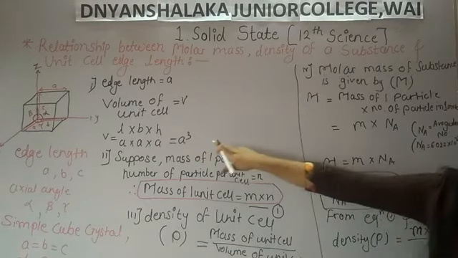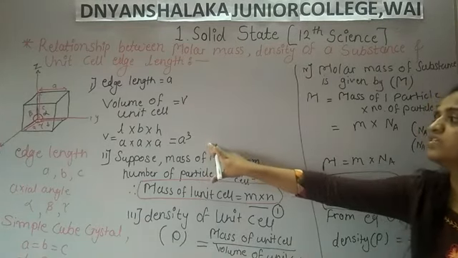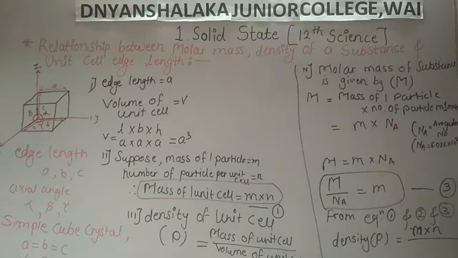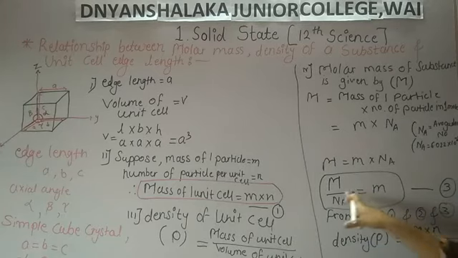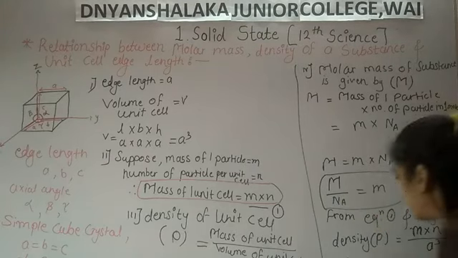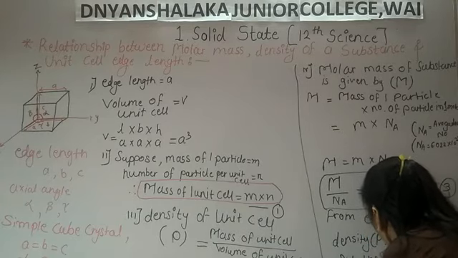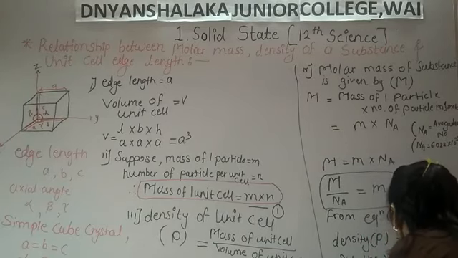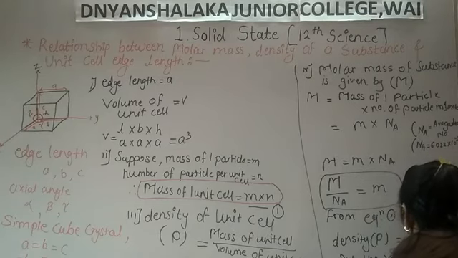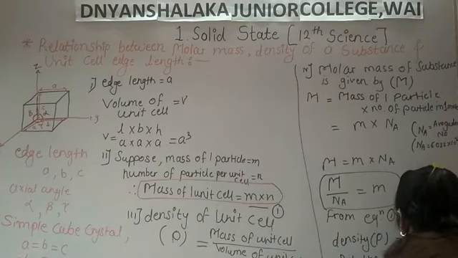So V which is always equal to length into breadth into height. So edge length we consider as small a. So we get a cube. But in equation third we get a new formula. Mass of one particle which is equal to capital M upon Na. So put the formula or the value of small m in above equation.